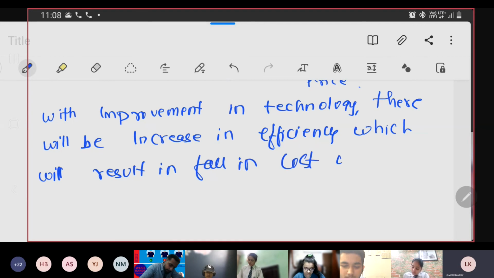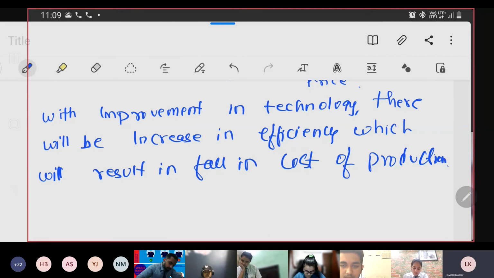Right? Is it clear to everyone? So with improvement in technology or better technology available, efficiency of the existing workforce will increase. That is, with the same input, they will now be able to produce more output. So with increase in efficiency, per unit cost of production falls.